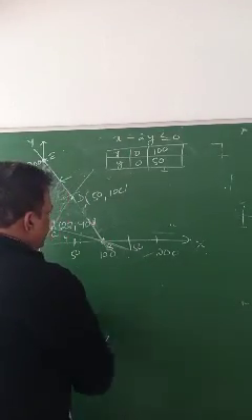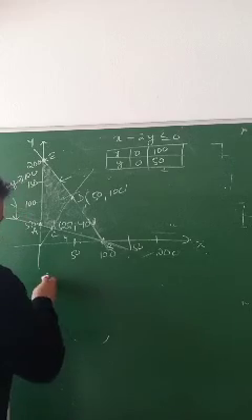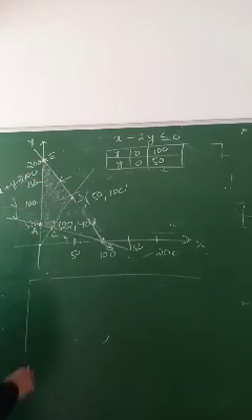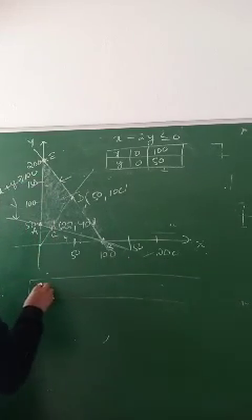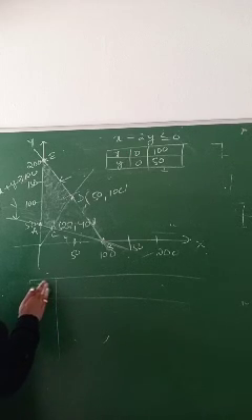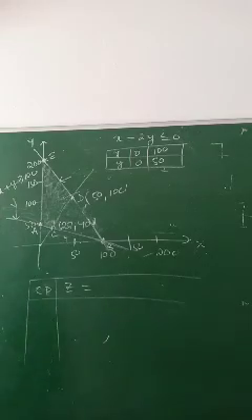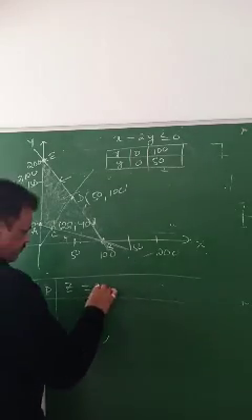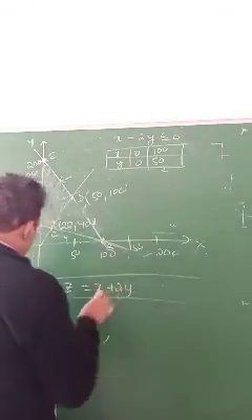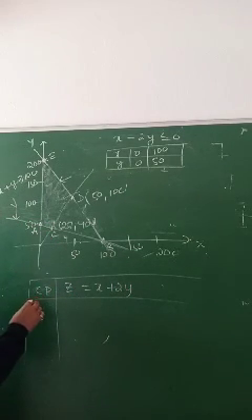So let's make the table here. Table means Z you have to make. First you write the corner points, then you write Z is equal to x plus 2y. First corner point is A, that is 0, 50.